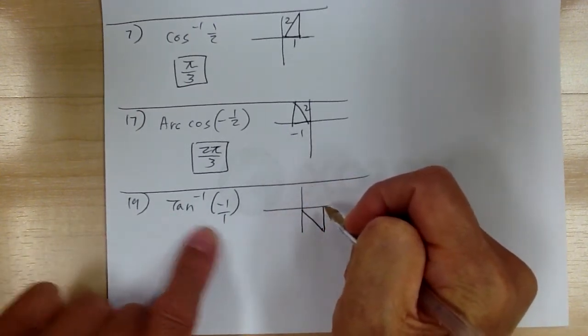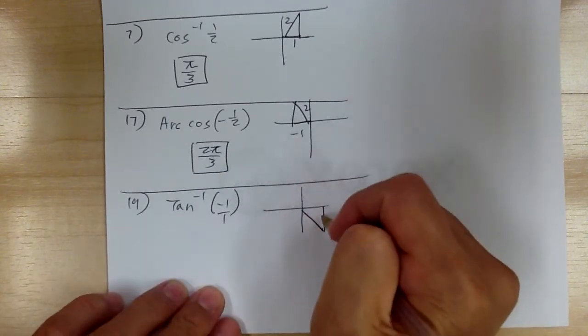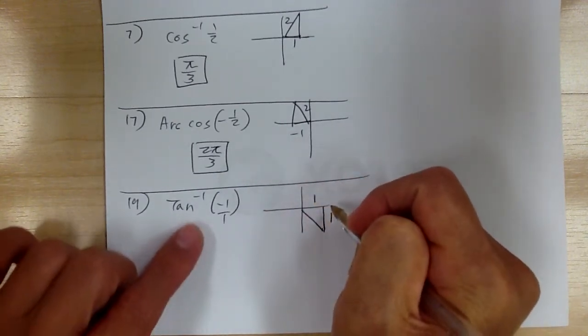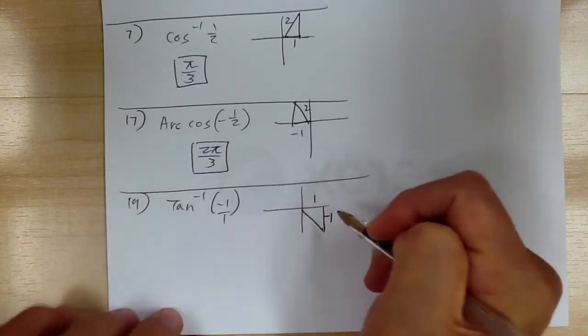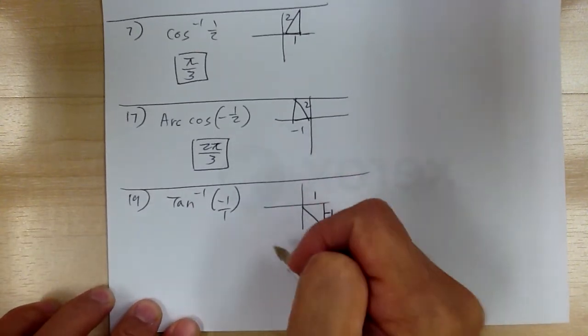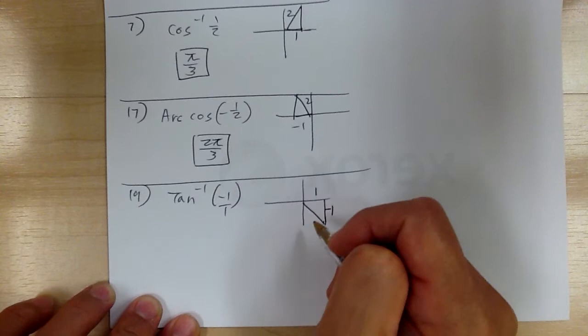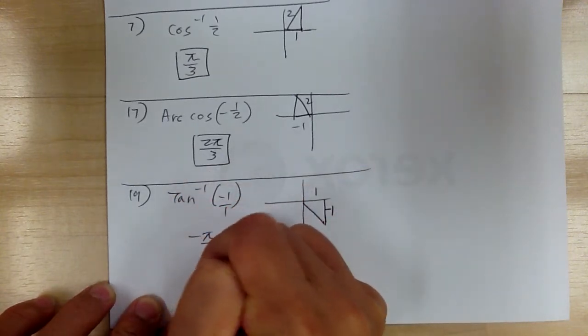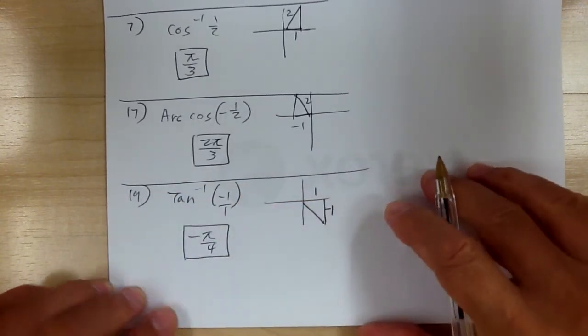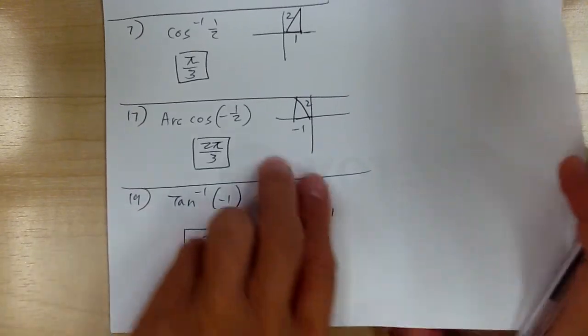So inverse tangent is quadrant 1 and 4. So it can be 1, 1. So the negative goes with the vertical. So in this case, you're going to get negative pi over 4. So what's your quadrant?